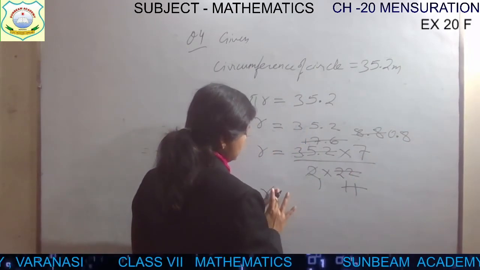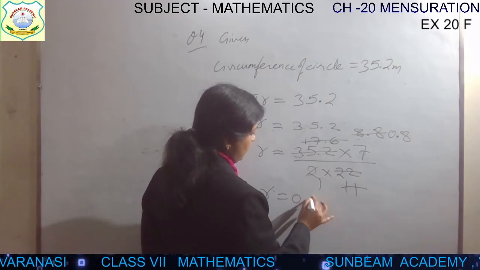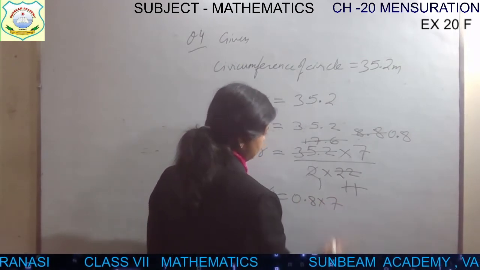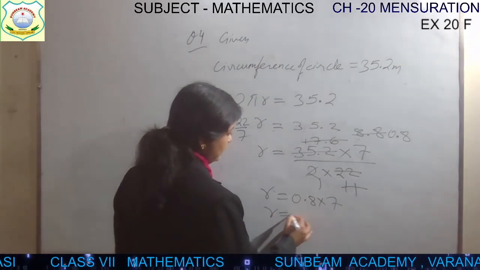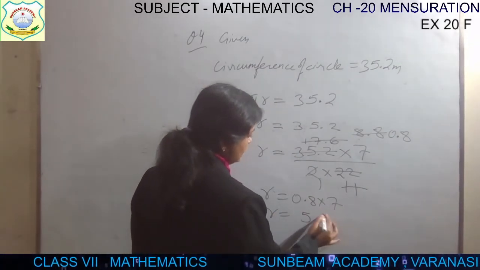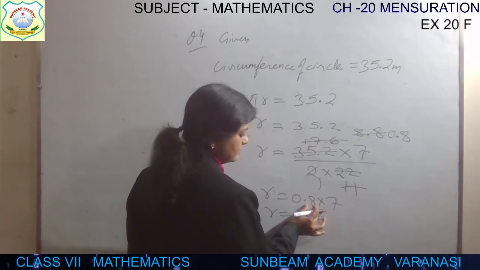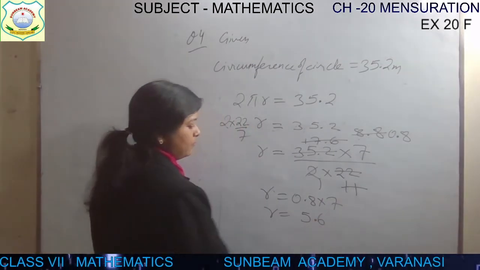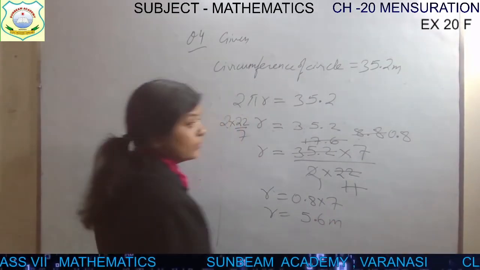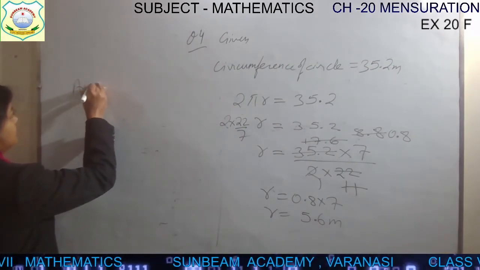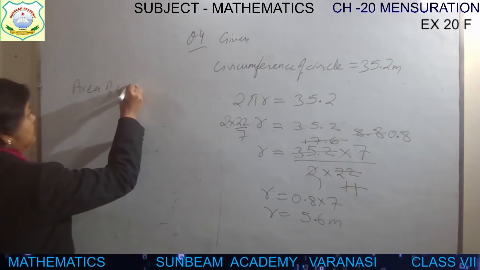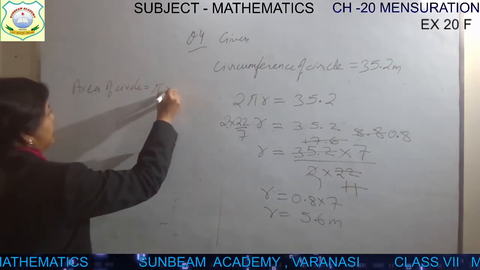So radius is equal to how much? 0.8 into 7. In the denominator nothing is left. So finally the radius is 8 sevens are 56 and 1 decimal place, so 5.6 meter. Now area. Area of circle is equal to pi r square.